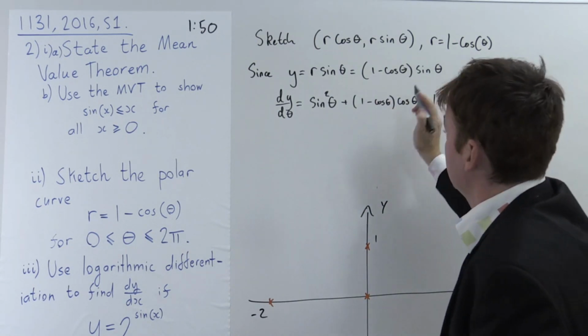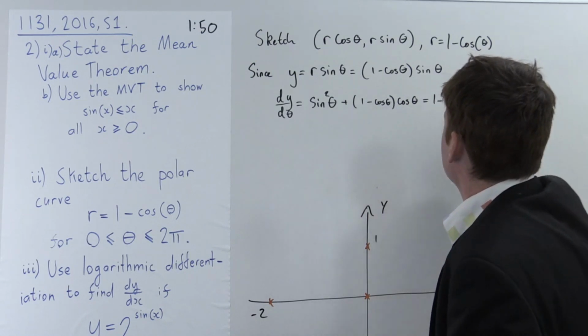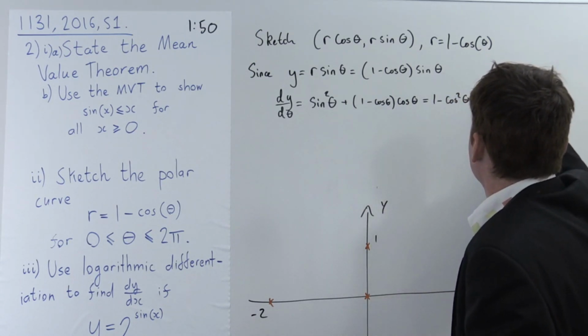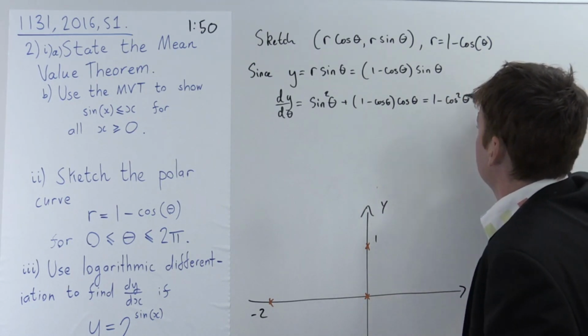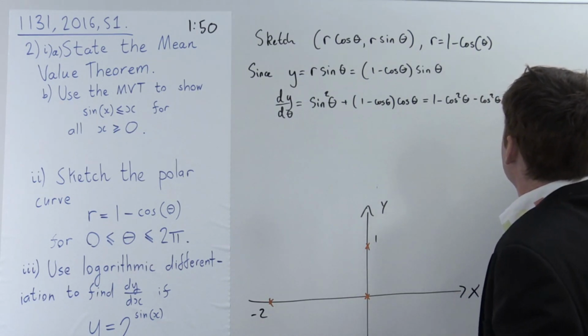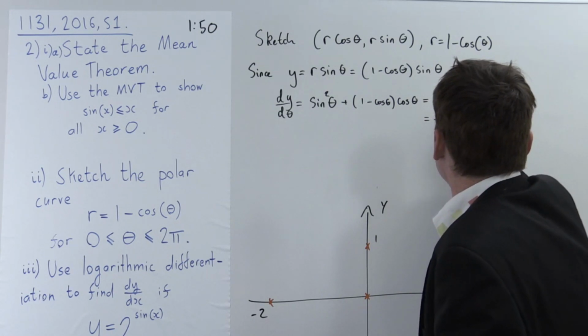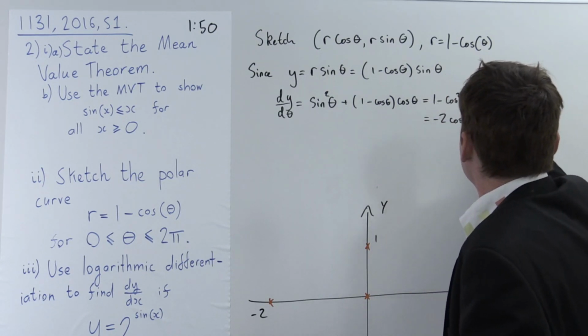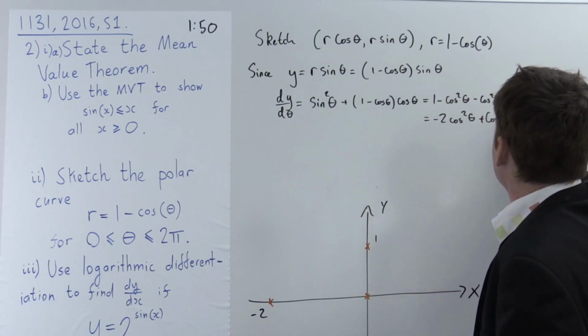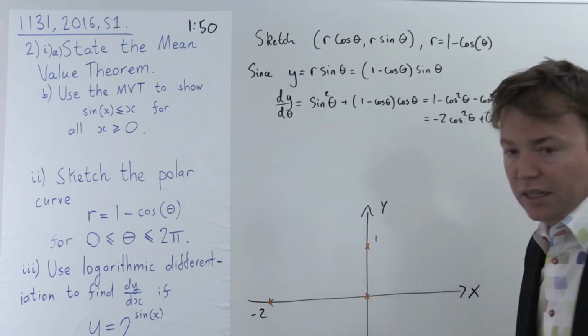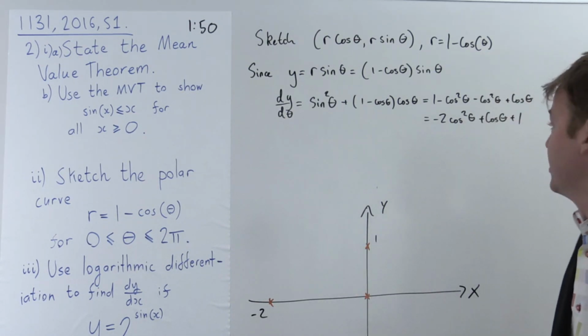And I'll just express it in terms of cos: minus another cos squared theta plus cos theta, which is equal to negative 2 cos squared theta plus cos theta plus 1. Okay, so this is the derivative dy d theta.